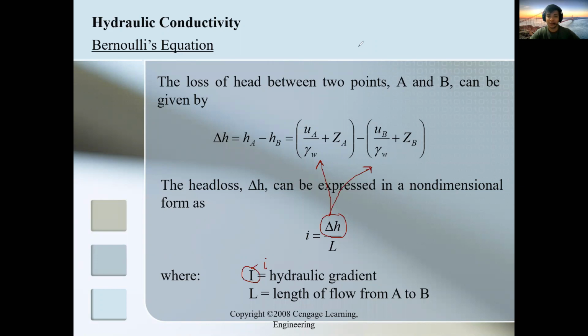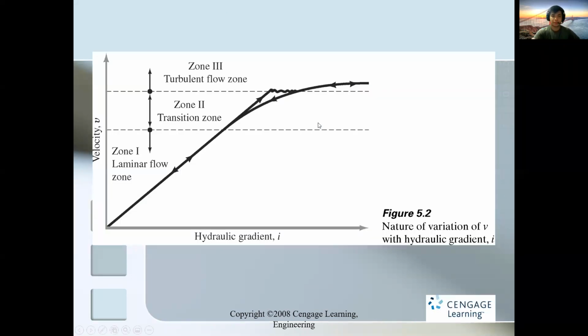Okay, so let's go on to the next slide. I think this one will be discussed thoroughly in your fluid mechanics. So we have the laminar flow zone, the transition zone, and the turbulent flow zone.